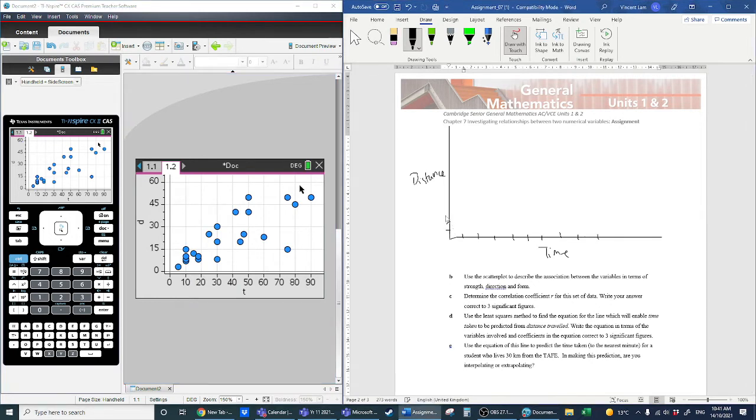So 5, 10, 15, 20, 25, 30, 35, 40, 45, 50, 55, 60. Make sure your intervals are spaced as evenly as you can. As you can see here, I'm doing it on the mouse. It's very, very annoying. Now, this one is going to be 0.